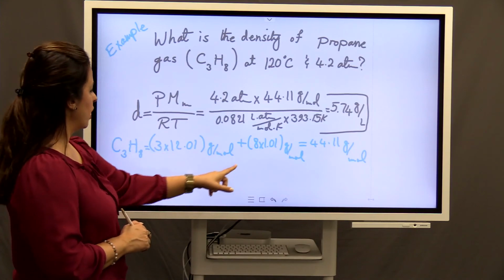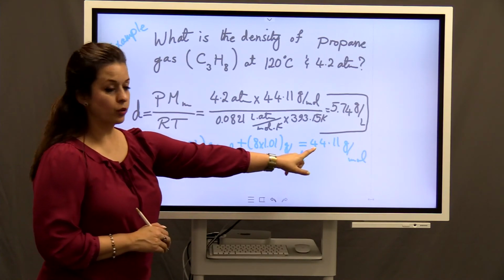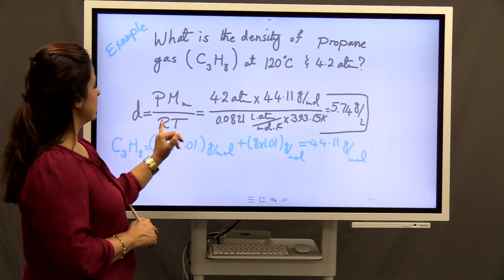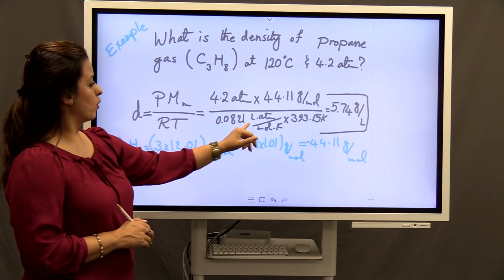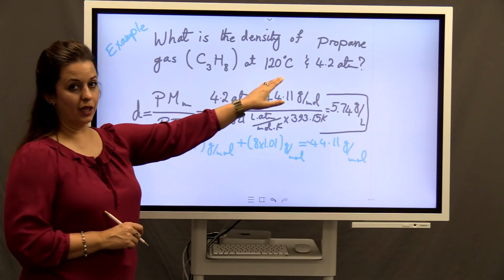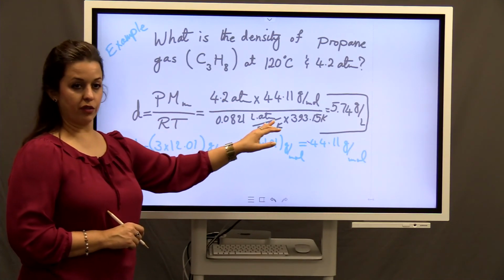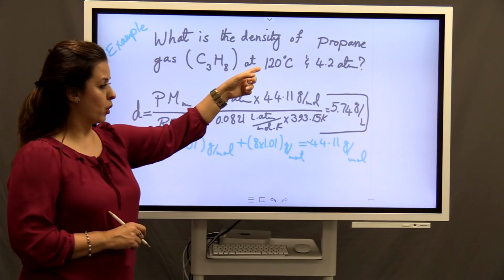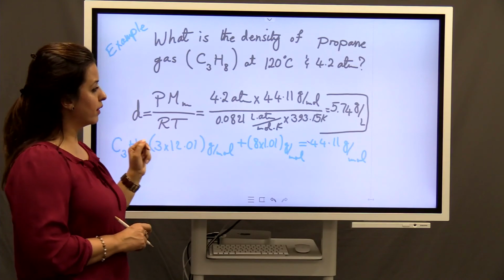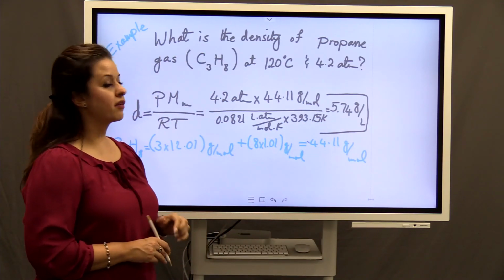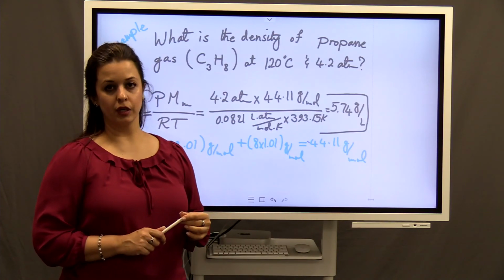If you add them up, it will come up to 44.11 grams per mole. R is 0.0821 liter atmosphere per mole Kelvin, and temperature is 120 plus 273.15. You remember temperature must always be converted to Kelvin. So density will be 5.74 grams per liter.